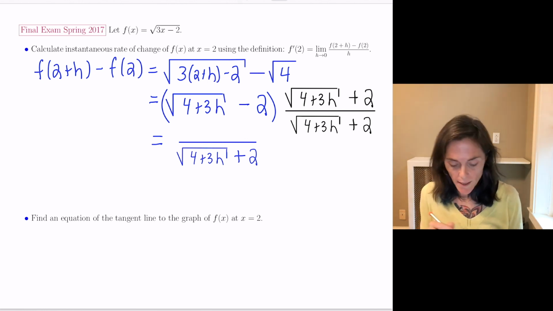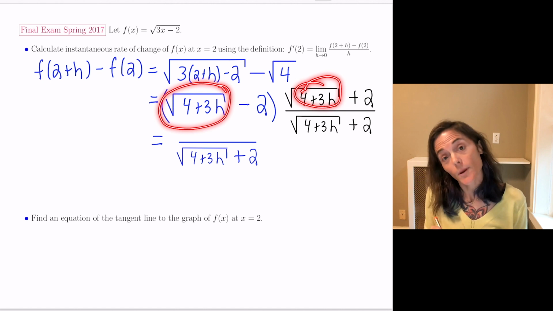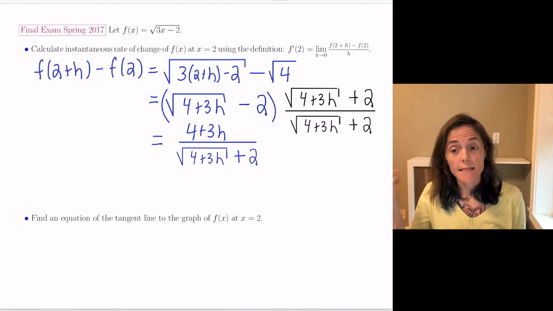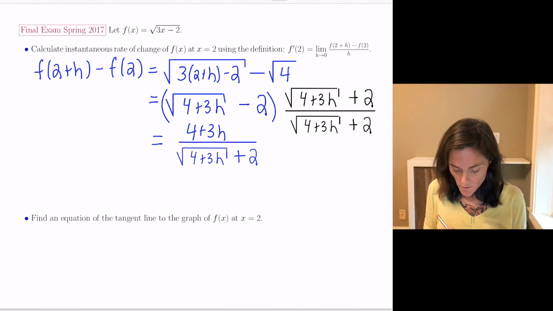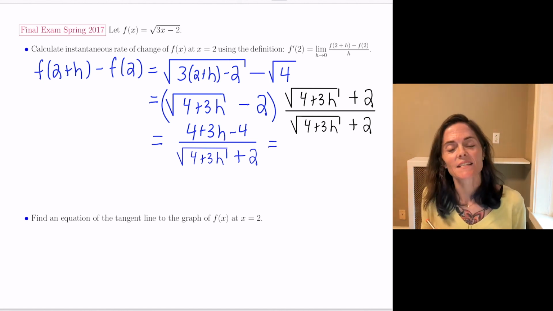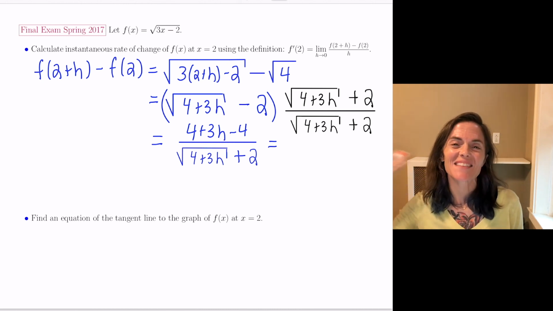But then my numerator, well, the firsts multiply to 4 plus 3h. The inner and the outer add to 0, and then the last is minus 4. So we are left with 3h over this denominator, which is h times something.